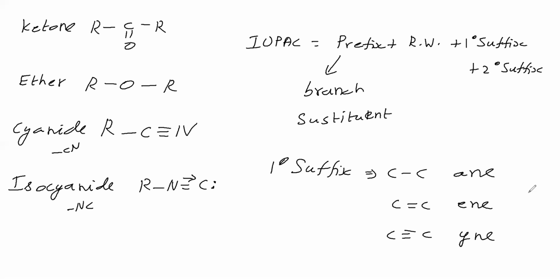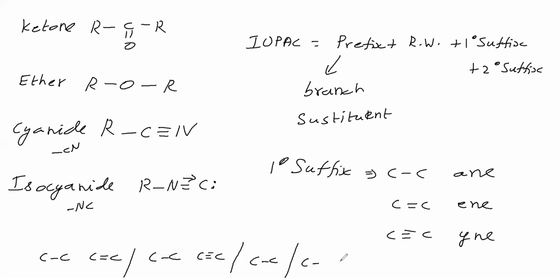Say "ene" as well as "yne". Therefore, if the given compound has a C-C single bond and a C=C double bond, the primary suffix is as per the double bond. If it has a single bond as well as a triple bond, then the primary suffix is "yne" only. If a C-C single bond alone is present, then you say "ane".